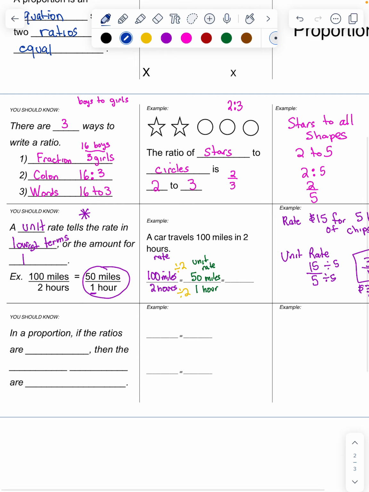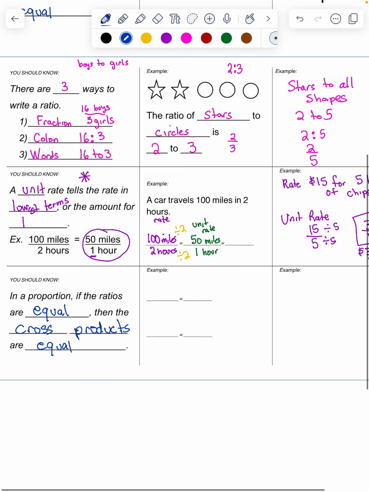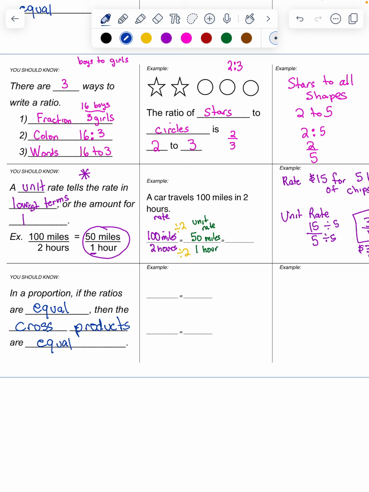In a proportion, if the ratios are equal, then the cross products, and product means multiply, are equal. I'm going to do a couple of examples. We're going to take our example from our car traveling 100 miles in 2 hours.